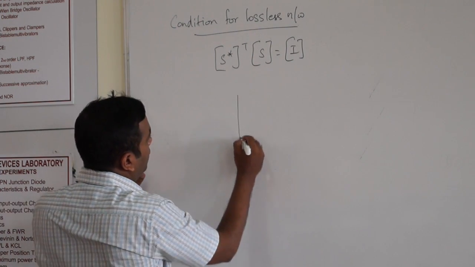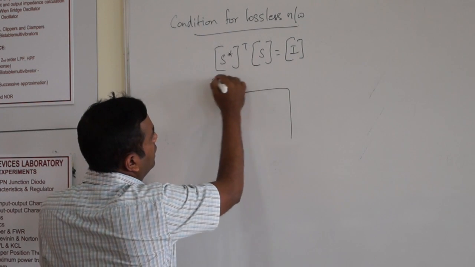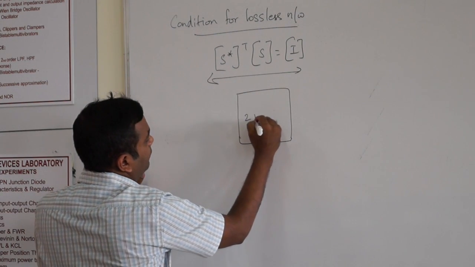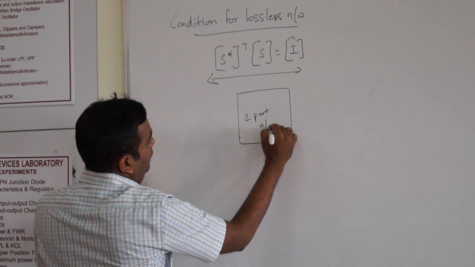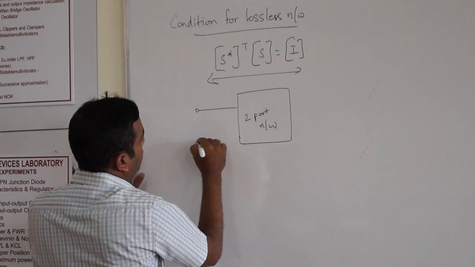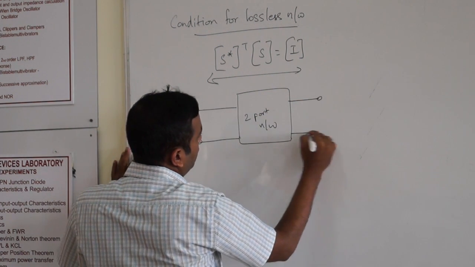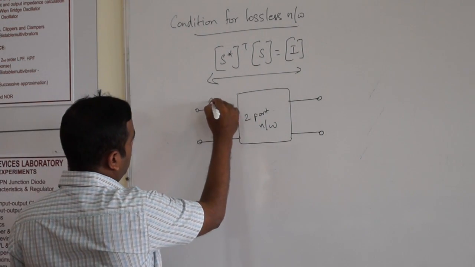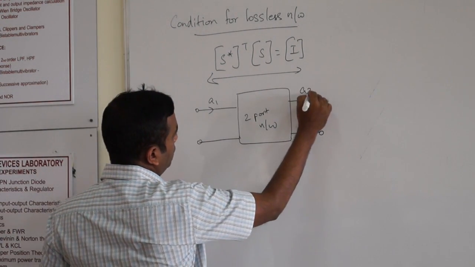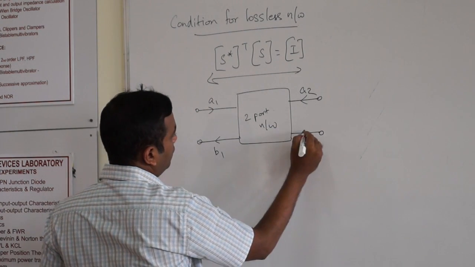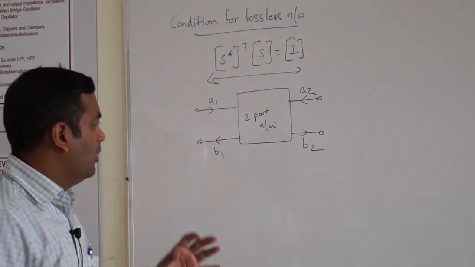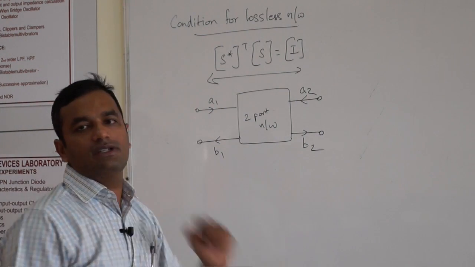Let's say we are going to prove this condition. I have a two-port network with four terminals. Say these are my incident waves A1, A2, and these are my reflected waves B1 and B2. Now, what is the physical meaning of a lossless network?